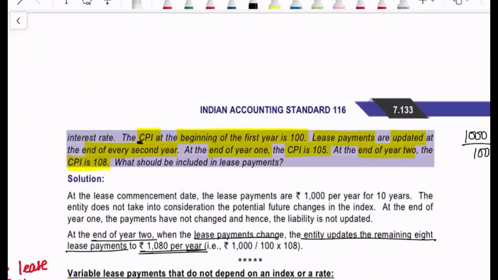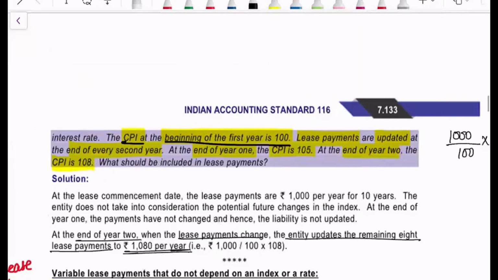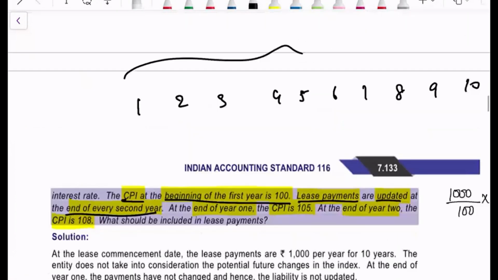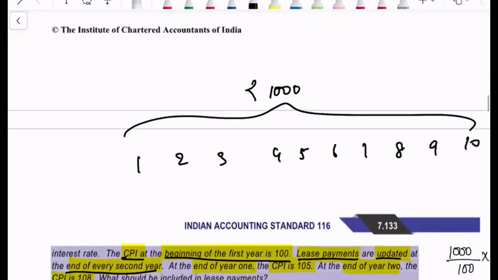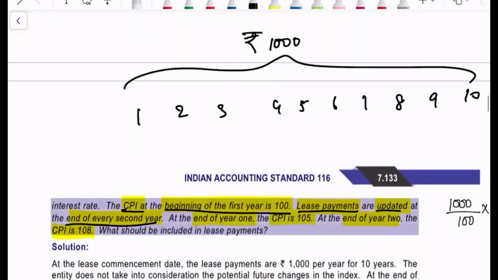Okay, so the CPI at the beginning of the first year is 100. Lease payments are updated at the end of every second year. That means if it is year 1, 2, 3, 4, 5, 6, 7, 8, 9, 10, every year you have to pay 1,000 rupees, which was initially decided.